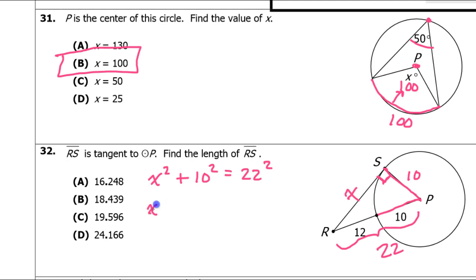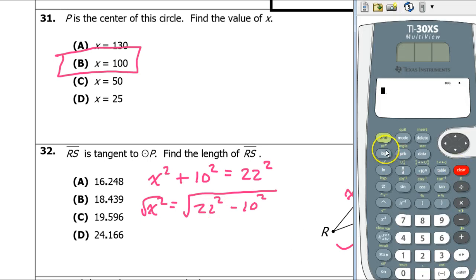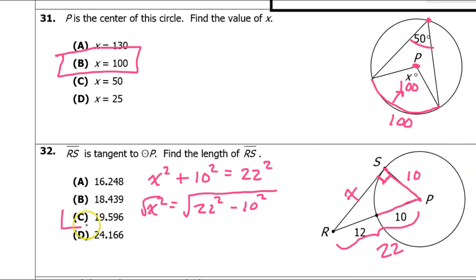So that's going to give us x squared is equal to 22 squared minus 10 squared, and then we'll have to take the square root of that. So that's going to be the square root of 22 squared minus 10 squared, which is 19.596. So the answer is C.